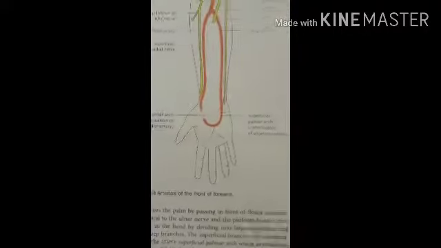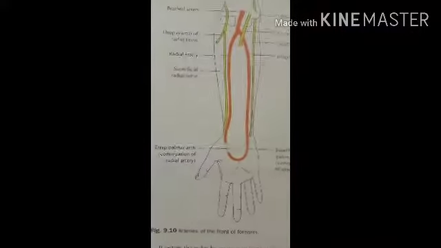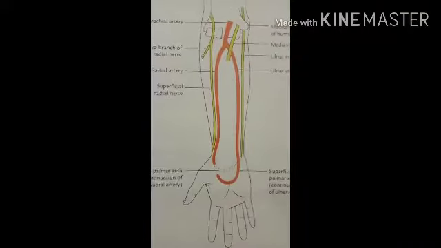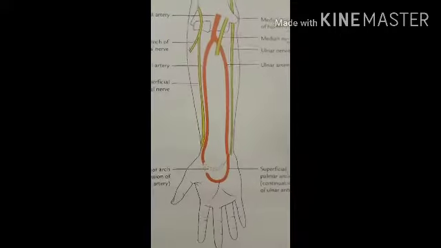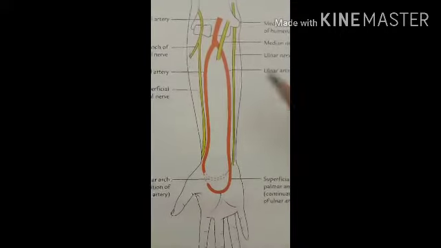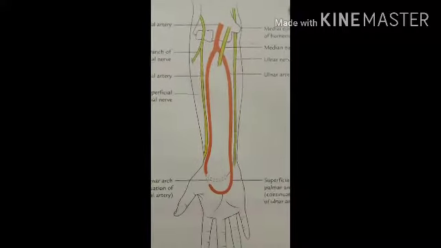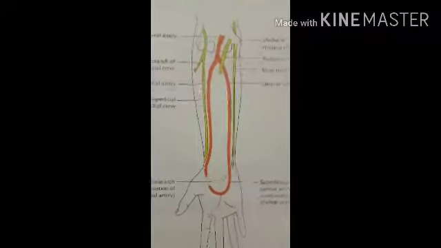Then we should see the branches of the ulnar artery. First, the muscular branches, which supply the neighboring muscles. Then the anterior and posterior ulnar collateral arteries. These arteries take part in the arterial anastomosis around the elbow joint.